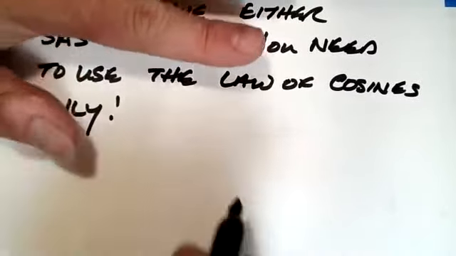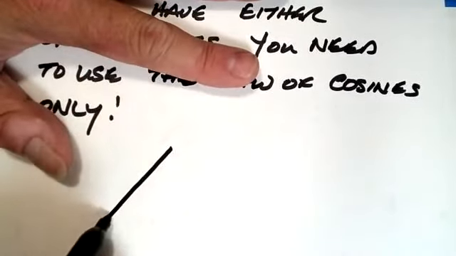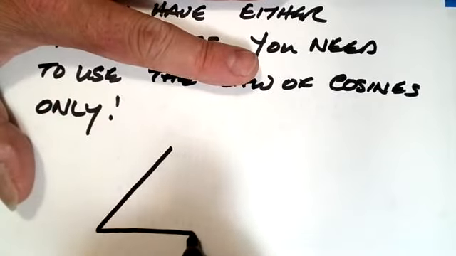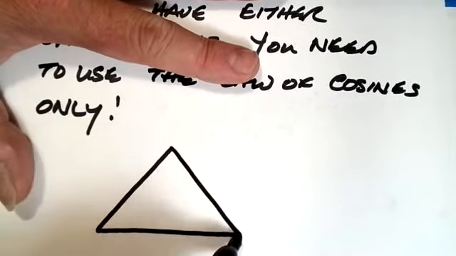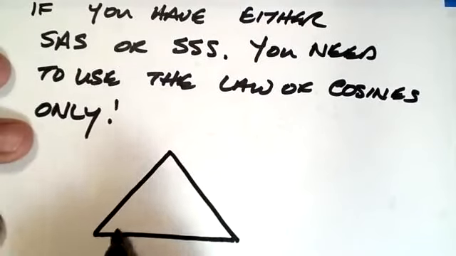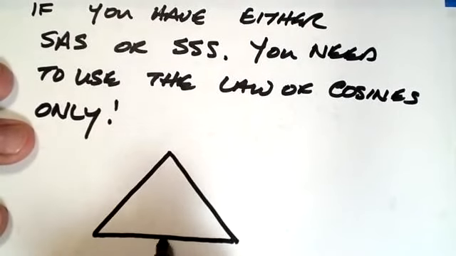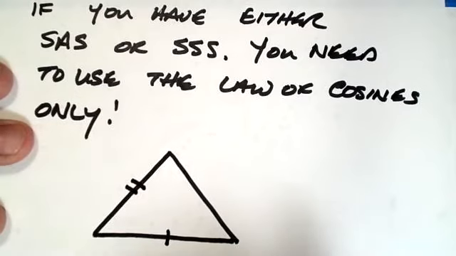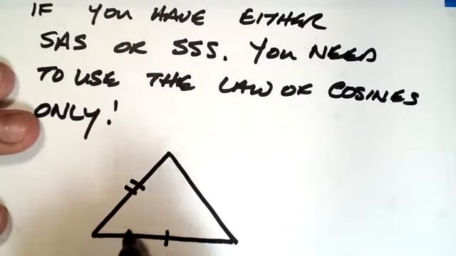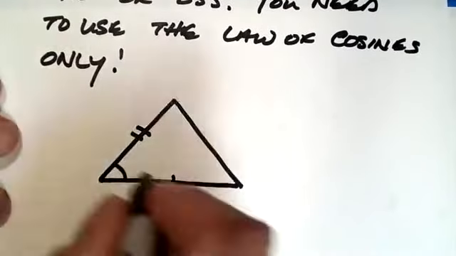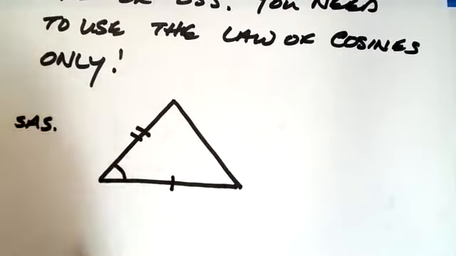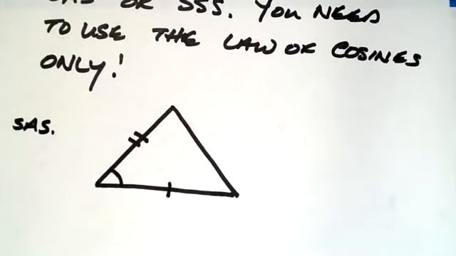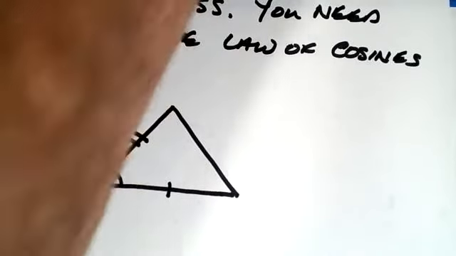So if you had a situation where, let's say you know a side, you know another side, and then you know an angle. Okay, this is side angle side. What would you do first? Well, you apply the law of cosines and you find that third side.